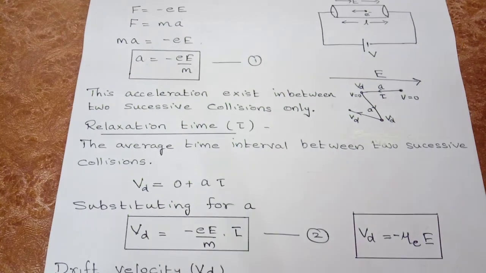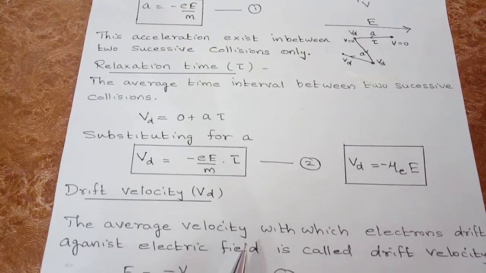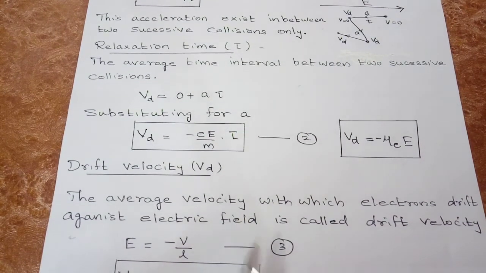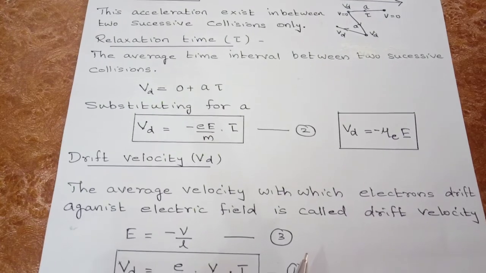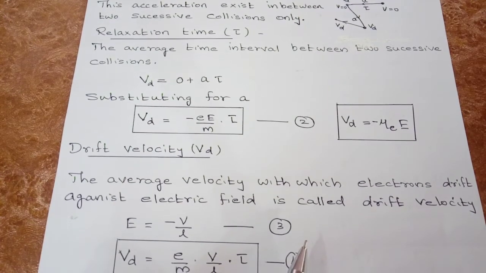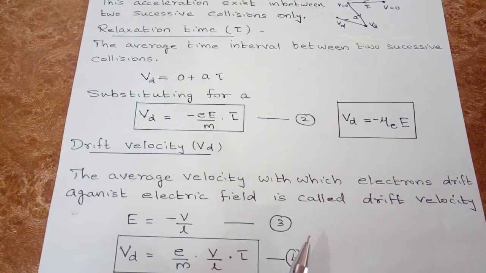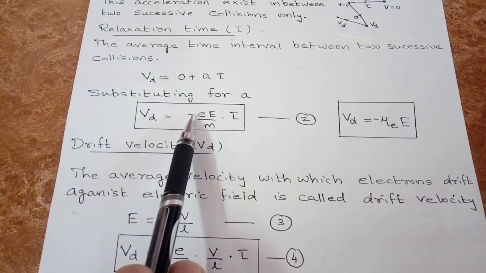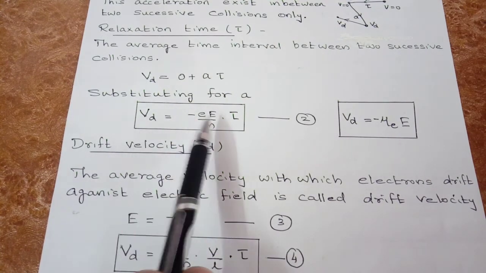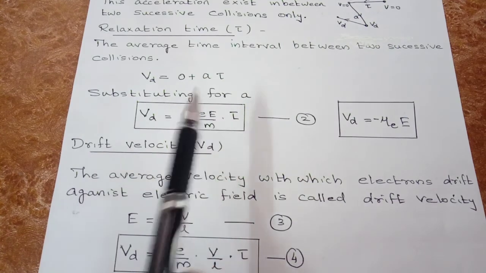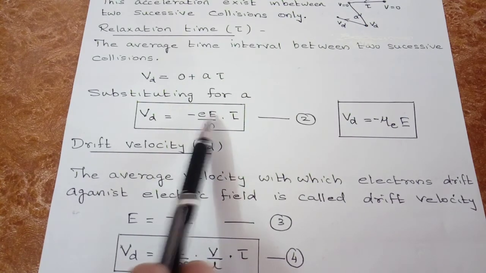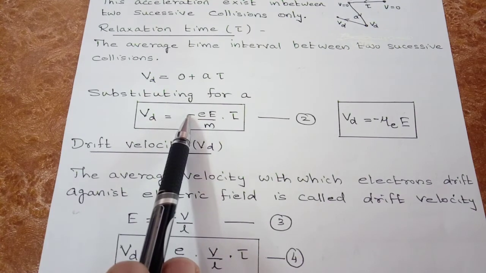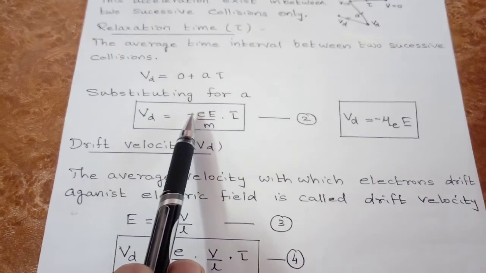So this equation gives the equation for drift velocity. So the definition of drift velocity is written over here. The drift velocity is the average velocity with which an electron drifts against an electric field when the ends of the conductor are connected to a source of EMF. The negative sign in the drift velocity indicates that electrons are drifting against the electric field. As more electric field is given, more will be the drift velocity, but always the drift velocity will be against the electric field.